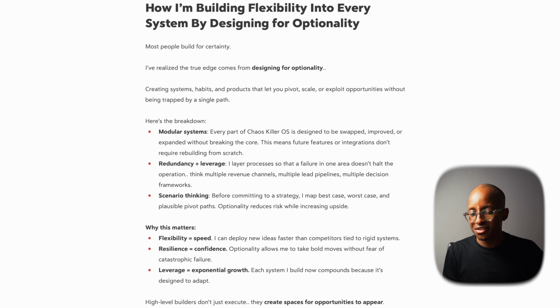I was working on something inside Killer Chaos OS not too long ago, and I was looking at how we can actively build these scenario-based conclusions and also these scenario-specific simulations.